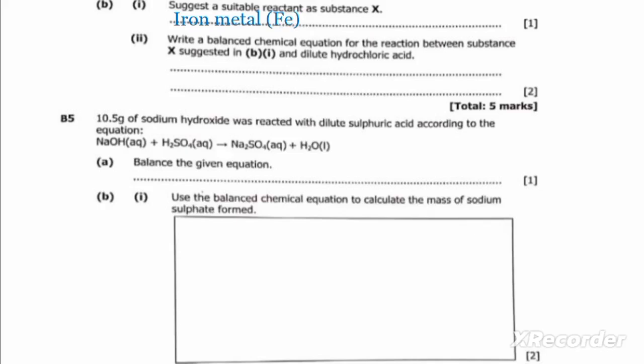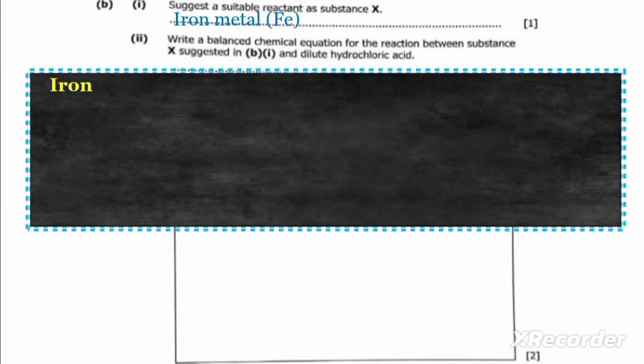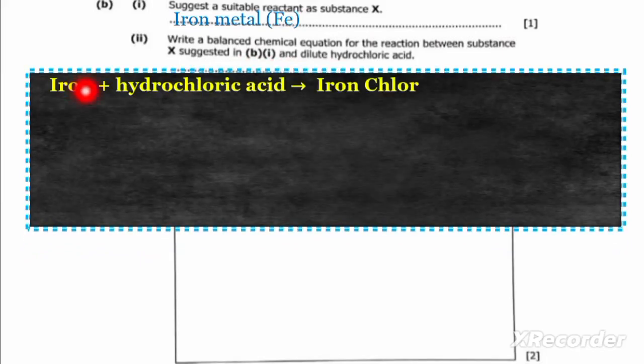We move to B Roman numeral 2. Write a balanced chemical equation for the reaction between substance X suggested in B Roman numeral 1 and dilute hydrochloric acid. So we are going to say iron plus hydrochloric acid is equal to iron chloride plus hydrogen. So guys, if we remember very well, last time we looked at how we can construct chemical equation.